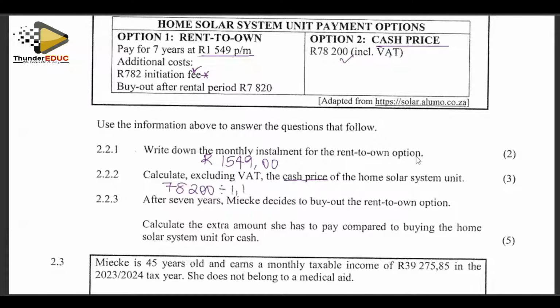Include, you multiply. Then you divide by 1,15, which is, you have it as 68,000 when you exclude VAT. You exclude VAT, you get it as that much.